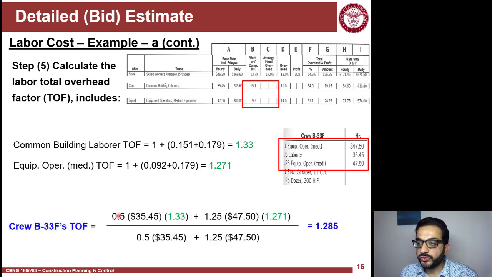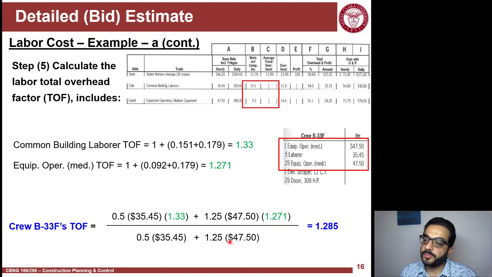Now I will use the numbers in the crew and the hourly rate for each one as a weight for the TOF value. So for the laborers, I have 0.5 in the crew, and the rate for each is 35.45 times the factor that I have, plus I have 1.25 equipment operators times their hourly rate times the TOF value.